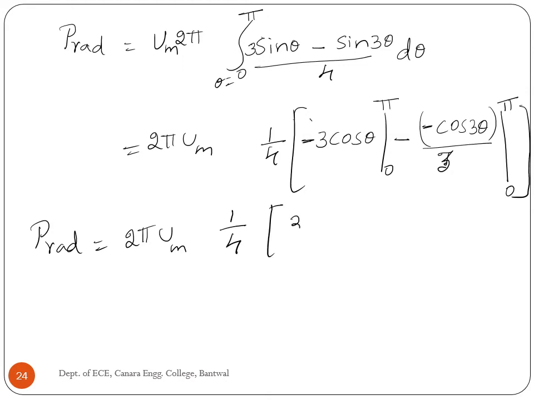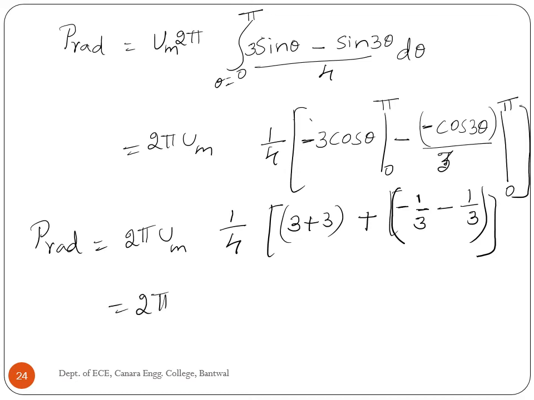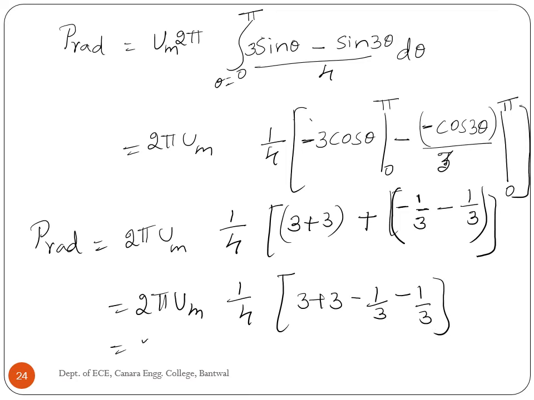So it's 3 plus 3, minus minus plus, it's minus cos 3 theta is minus 1, that's why minus 1 by 3 minus 1 by 3, which is equal to 2 pi Um 1 by 4 into 3 plus 3 minus 1 by 3 minus 1 by 3, and the remainder is 16 by 3.